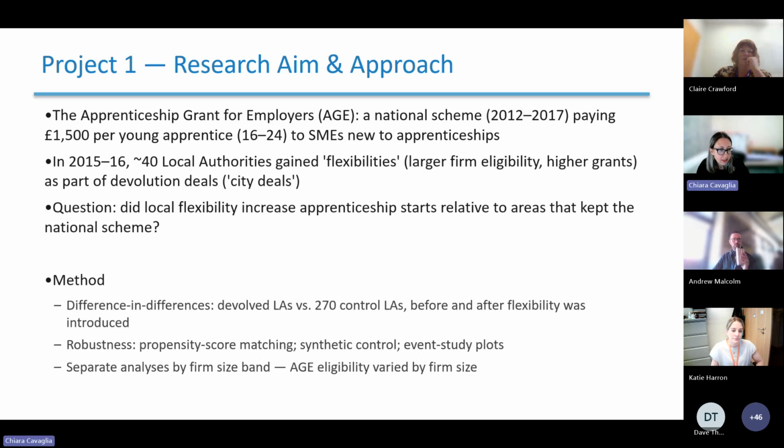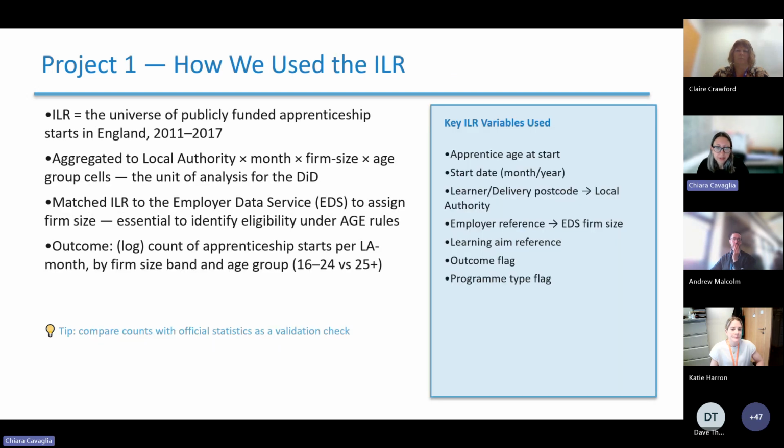The methodology that we used was a difference in difference, where we compared the areas that got this additional flexibility with the control areas, and we did a large amount of robustness checks. We also did some analysis by firm size and by age. In order to do this, we only used the ILR, which, as Dave mentioned, contains basically all publicly funded apprenticeships in England, and we used it for just the period that we needed to evaluate the policy.